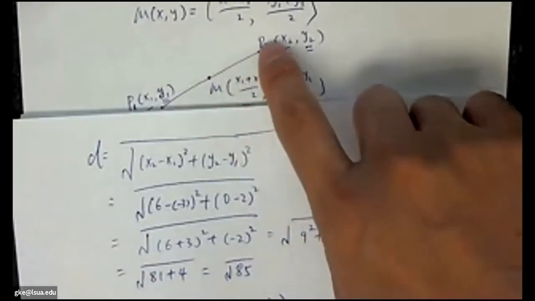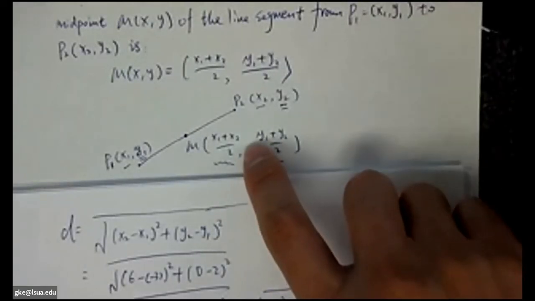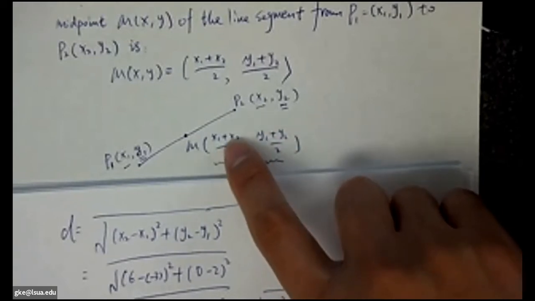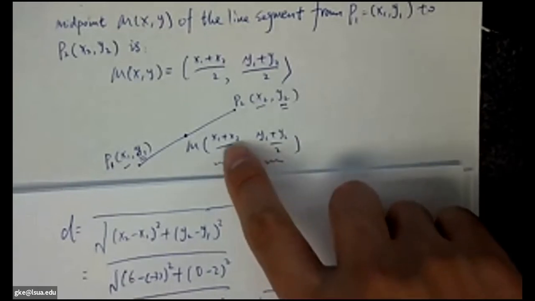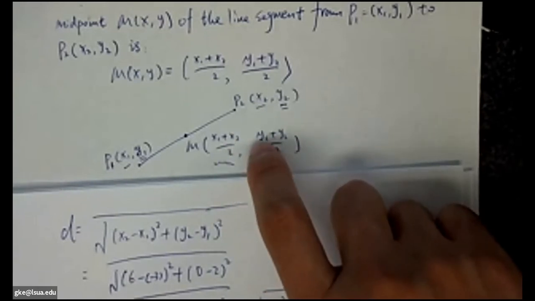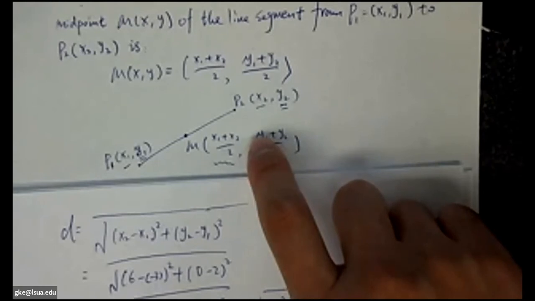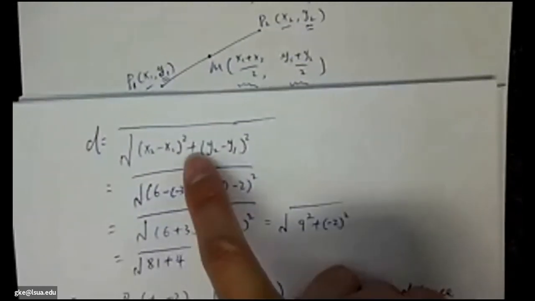Should there be anything in between in the midpoint formula, where it's x1 plus x2 over 2? Yeah, the average of the x coordinate. Should there be a plus or minus sign between those two?